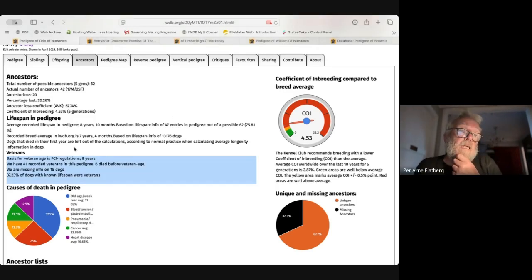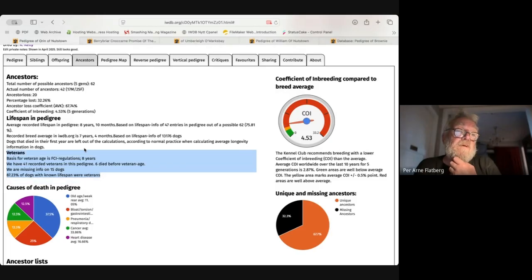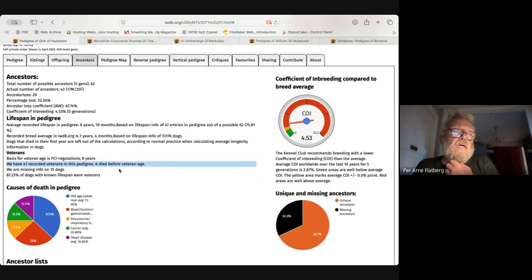But in Europe and most of the rest of the world, it's 8 years to become a veteran. And in his pedigree, there are 41 recorded veterans and only 6 that died before veteran age, which is significant. It means that it's highly probable that his offspring should reach veteran age and more, which I would like to know.